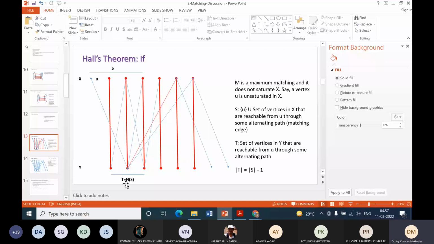We have to prove that |T| equals |S| minus 1. That is something we need to prove. So the size of T is 1 less than the size of S. And that can be proven by the construction itself. Why?